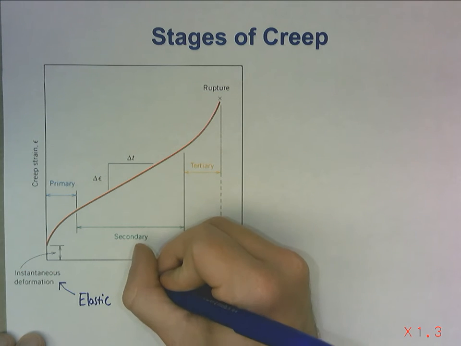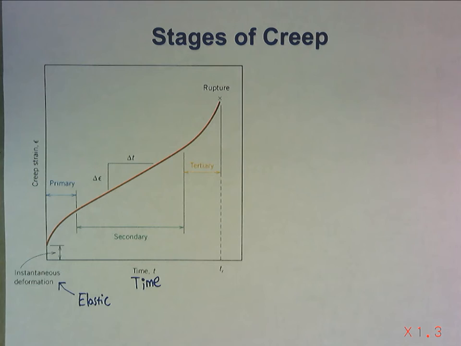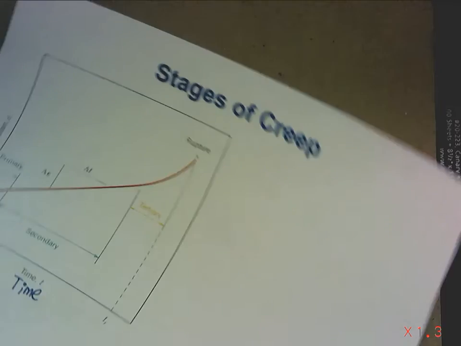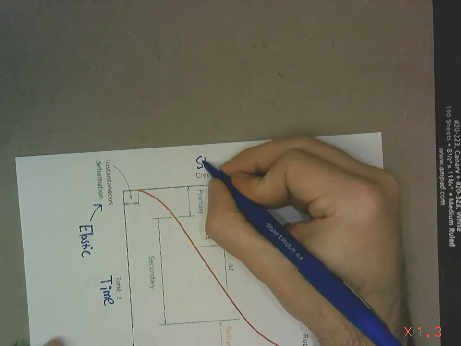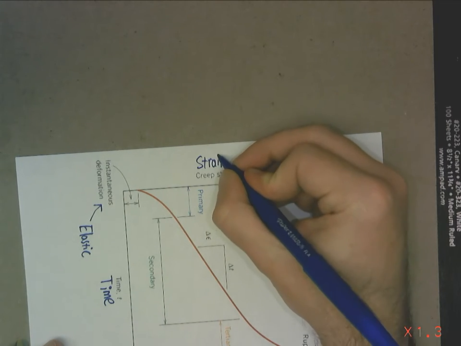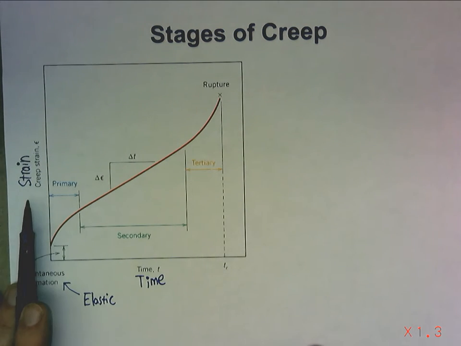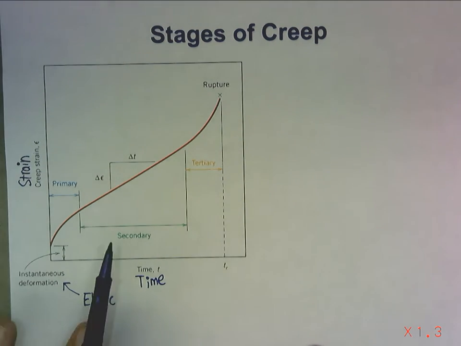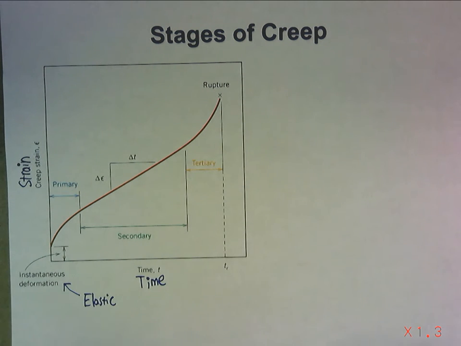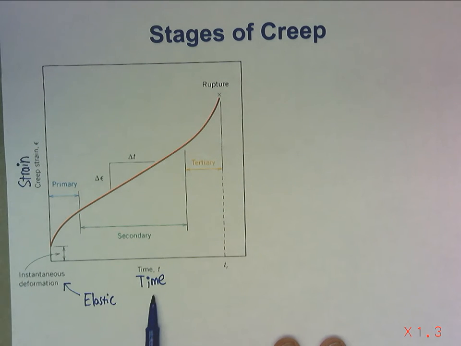X-axis down here, if you're having trouble reading it or don't have the slides in front of you, is time. Y-axis is strain. So don't confuse this with a stress-strain graph. Strain is now on the y-axis. Stress isn't here. Stress is just a constant. And then x-axis is time.